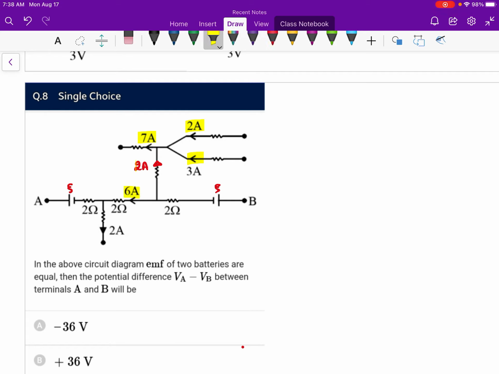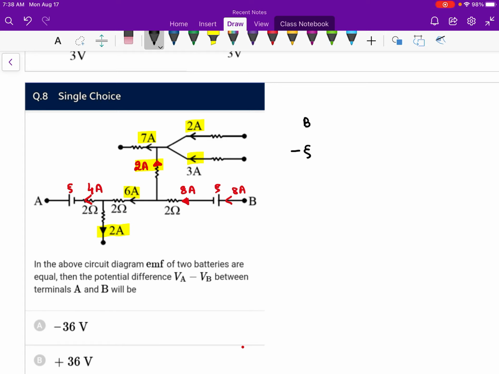Now here the current is 6 ampere and here it is 2 ampere, so the current from this is 8 ampere. Now here the current is 2 ampere and here it is 6 ampere, so the current in this branch should be 4 ampere.